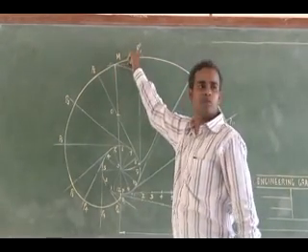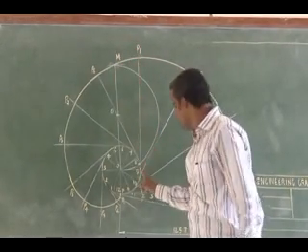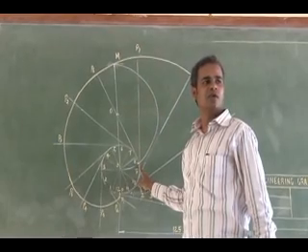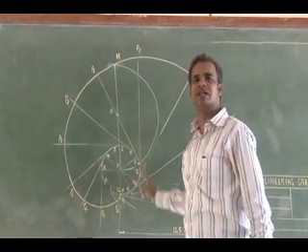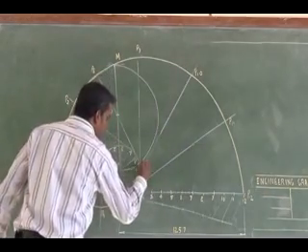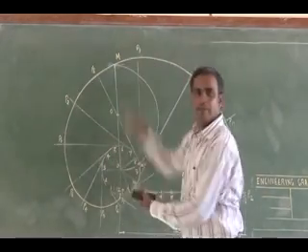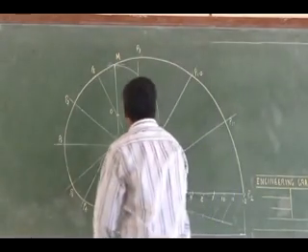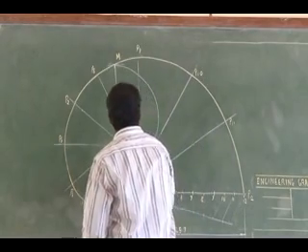M is in between P8 and P9, so the intersection point also will fall in between the segments 8 and 9. So I can connect that point and M. That is my normal.